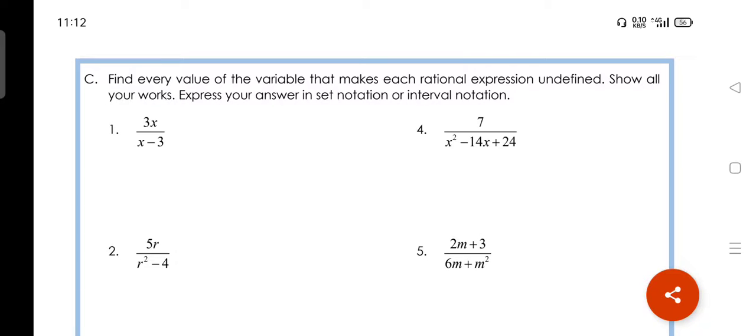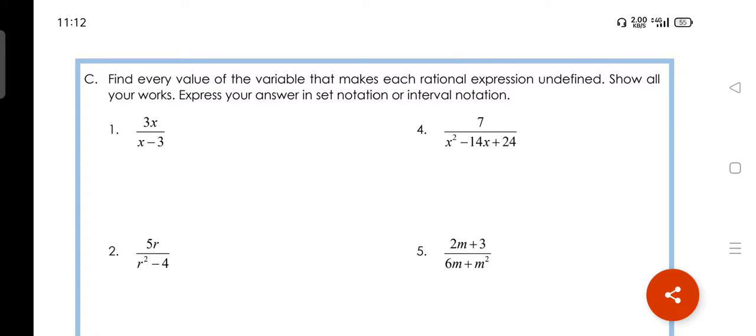So we can tell right away what number is not possible. What number could make the denominator equal to 0? If we subtract the same number, the value becomes 0, and that is 3. And 3 minus 3 is equal to 0.